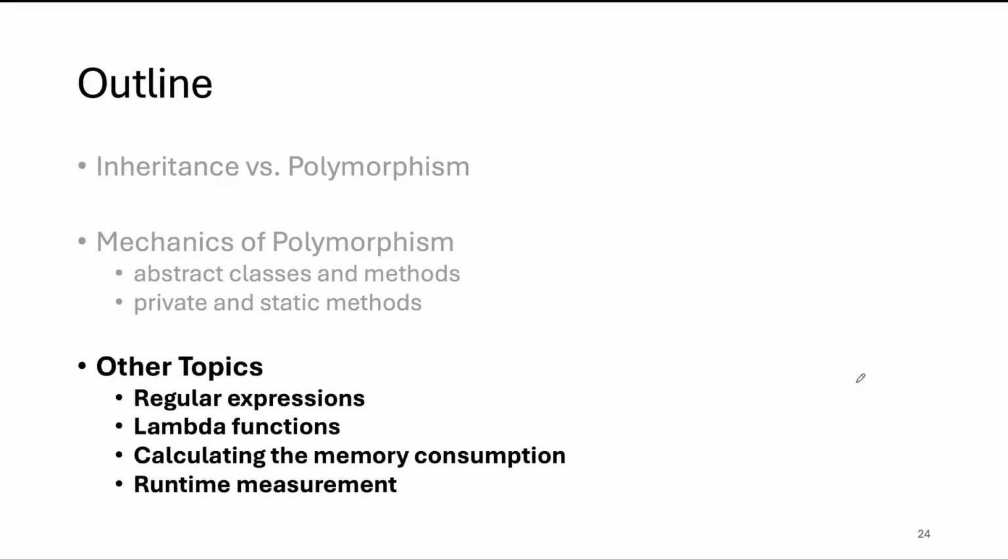For example, if you do research in the field of data science or information retrieval, you will often work on regular expressions, lambda functions, and so on. So, thinking about your future applications, I want to cover these four topics.